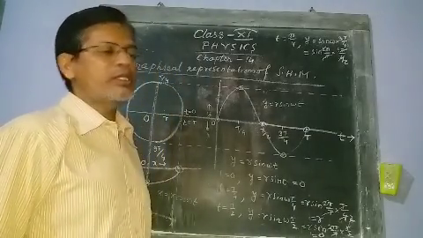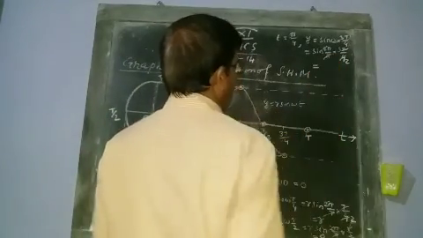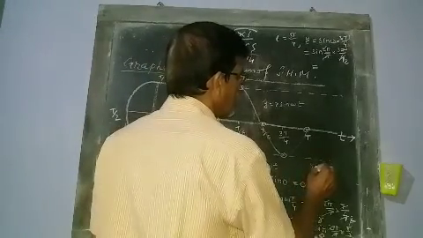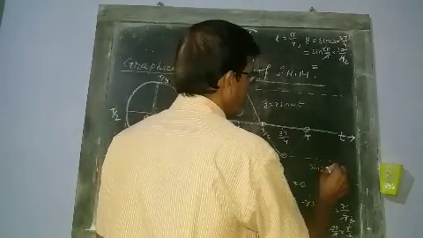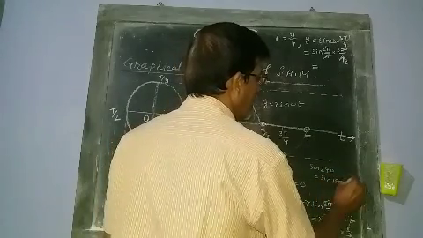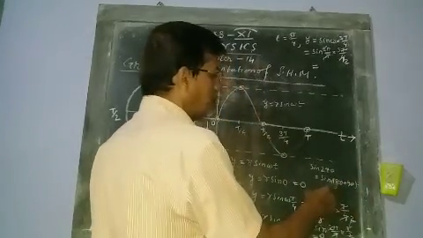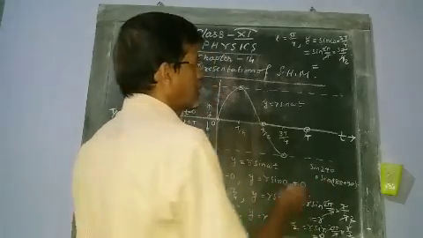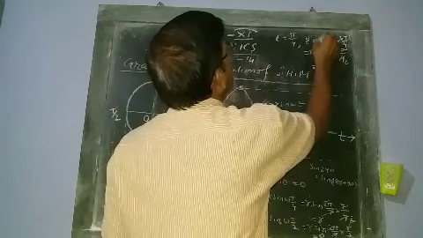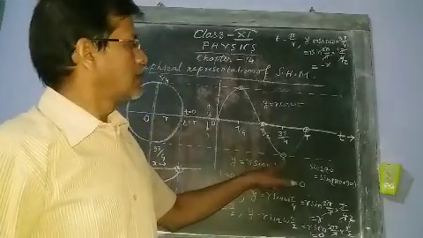Sin 270 means sin of 180 plus 90 degree. Sin of 180 plus theta is minus sin theta, third quadrant, so it is minus 1 into r, so minus r.